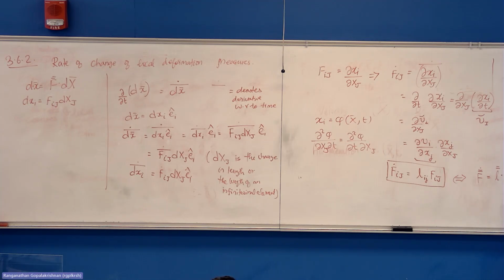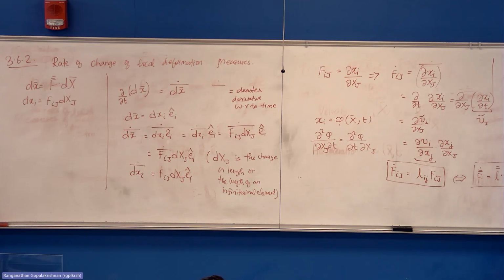That is why your homework is more focused on calculating properties based on F. So this is an important relation. The rate of change of the deformation tensor is equal to the velocity gradient times the deformation tensor.